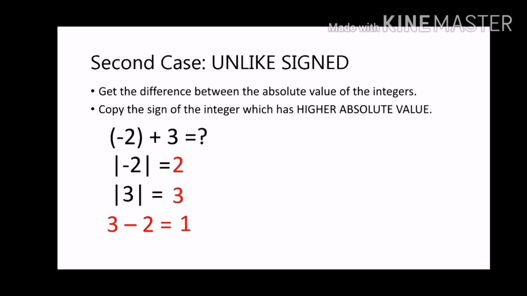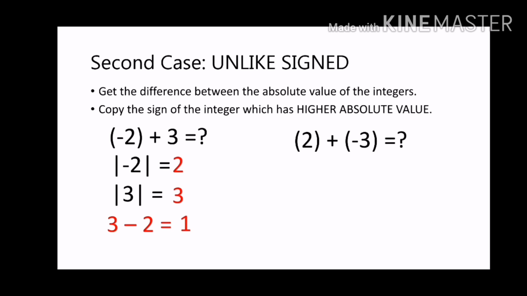Which between negative 2 and positive 3 has the higher absolute value? Obviously, that is positive 3. Since positive 3 has the higher absolute value, we will take positive as the sign of our final answer. So our final answer is positive 1.